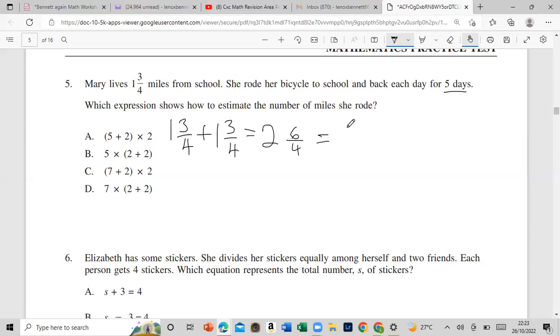So she's gonna ride 3.5 for 5 days. So we can multiply that by 5. Or if you want to use decimal, then you can, alright, let us do that. So we can use decimal. Let's have an estimate. So it's 3.5 times 5.